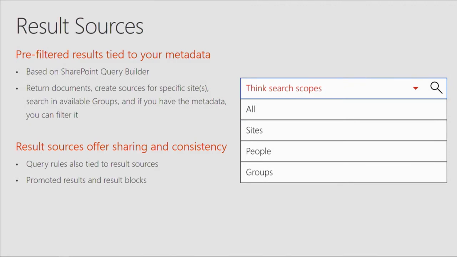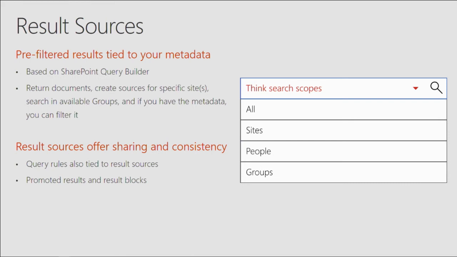Okay, so the focus of this presentation in particular was around result sources. So I really want to go into detail on what result sources allow us to do. Again, think search scope, the SharePoint 2010 idea. Those got moved into result sources in 2013 and above.